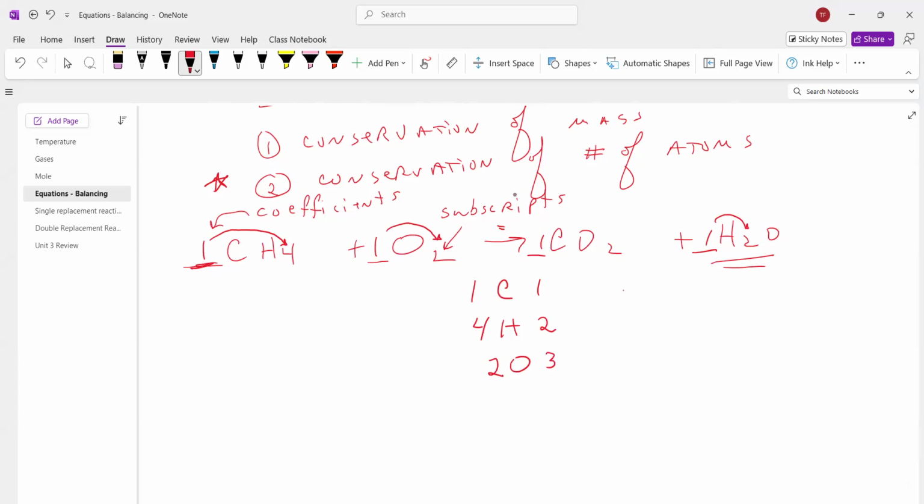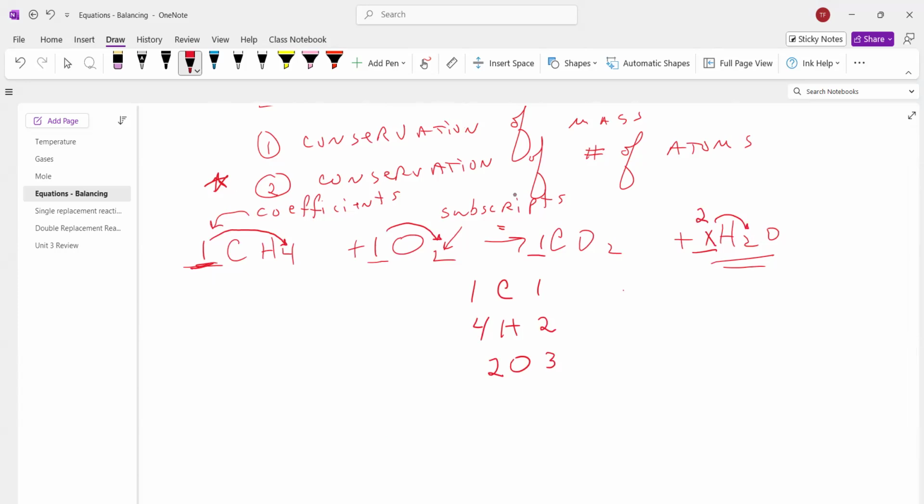So what we're going to do now is change the coefficients so that our reactants equal the products in terms of atoms, not molecules, atoms only. So if we change the 1 over here to a 2, that's going to change the number of atoms on the right.